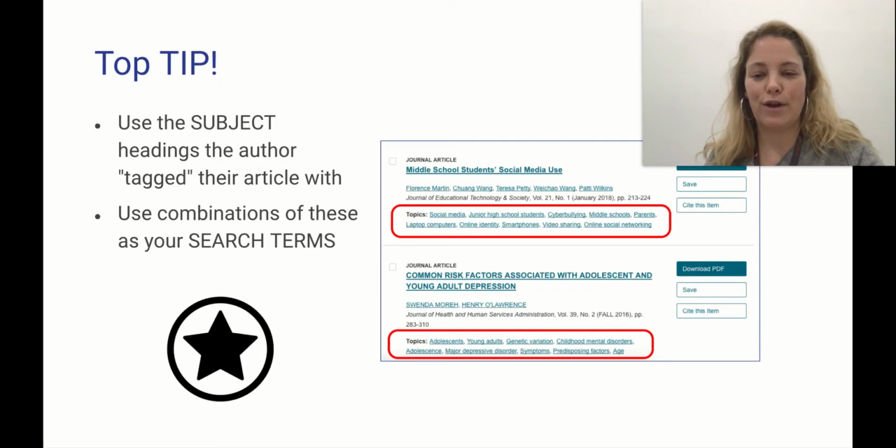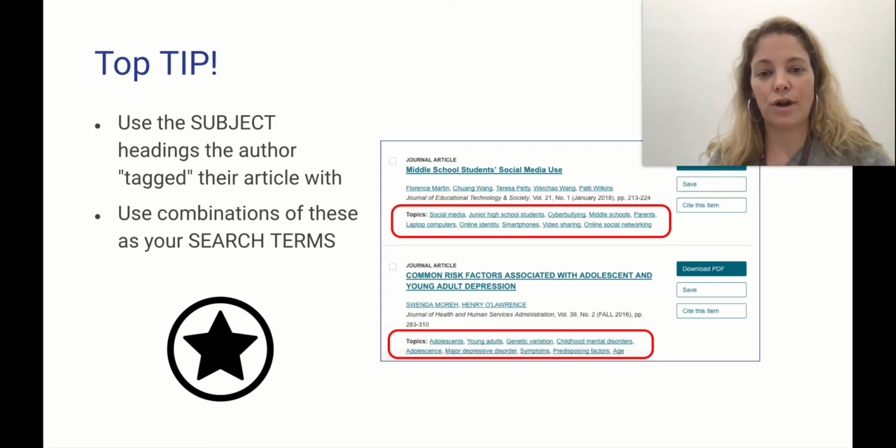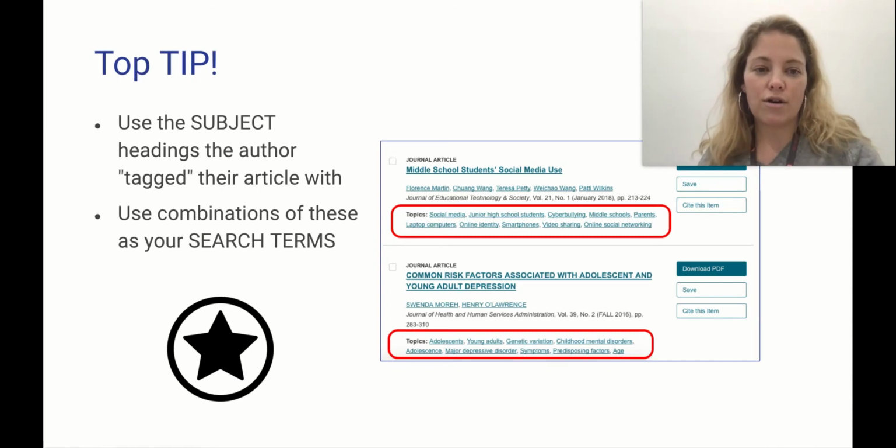My best tip for you. Sometimes you're not too sure what you should even be searching. Well, search engines actually do something kind of interesting. It's not always just the search engines, but for example, JSTOR or EBSCO. All articles or entries that are in one of those databases will tag articles with very specific keywords.